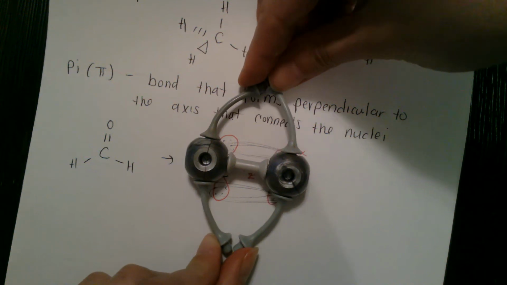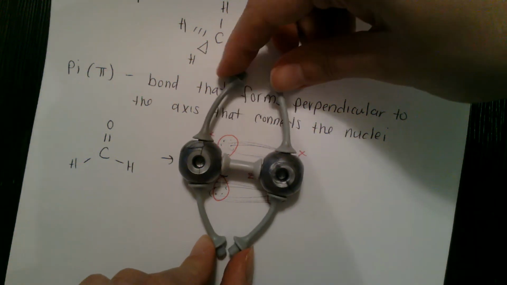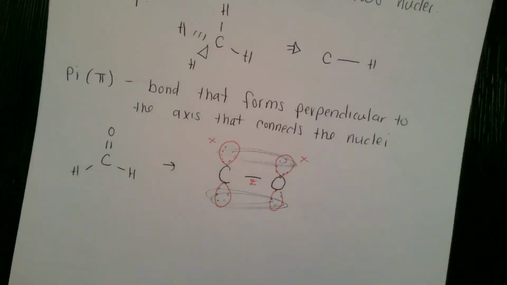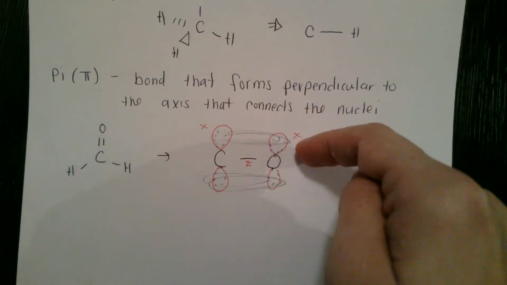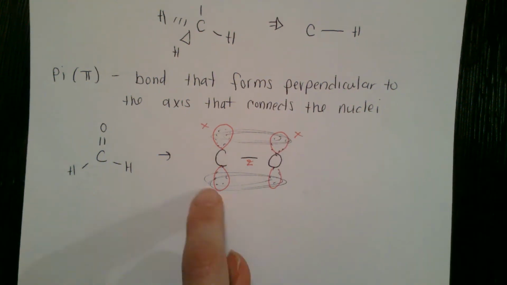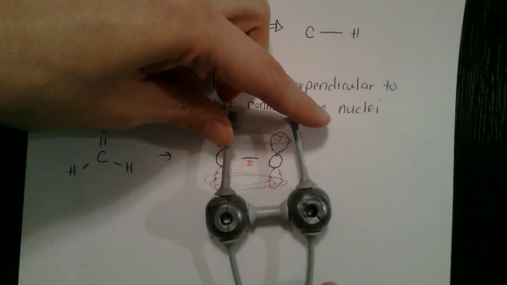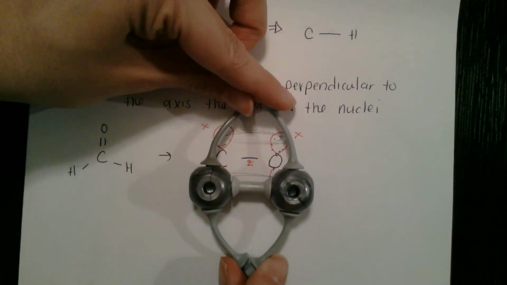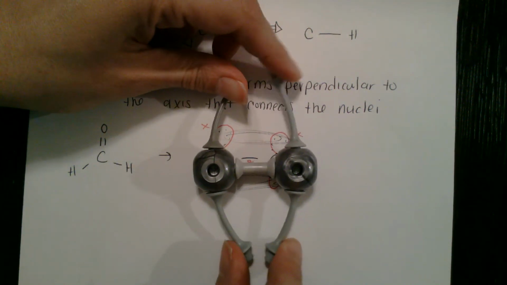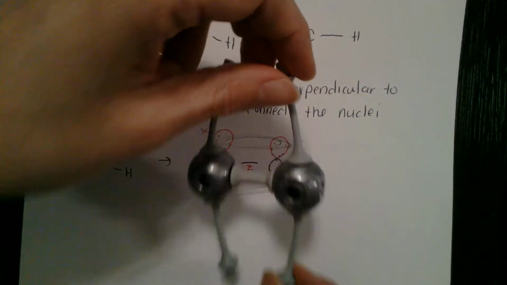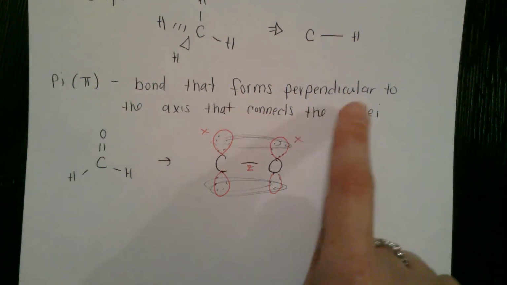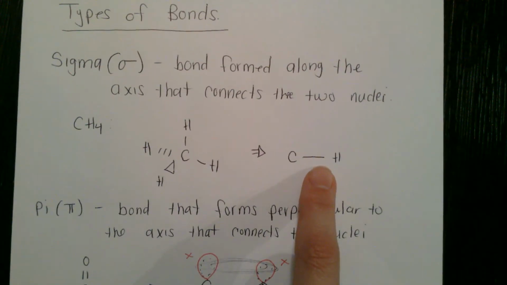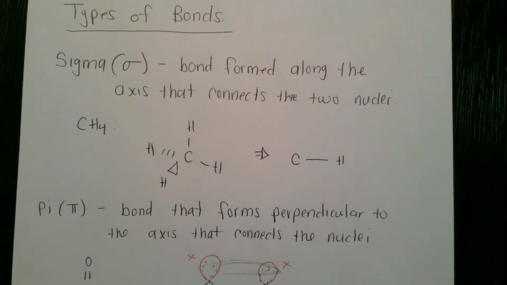Remember that p has 2 lobes, so one of the p lobes overlaps on the top and one on the bottom, just like this. This is perpendicular to that bonding axis where those p orbitals overlap like that. So that's called a pi bond. Perpendicular, pi, and then along that bonding axis right there, that is the sigma.